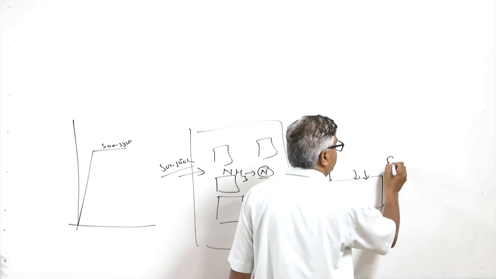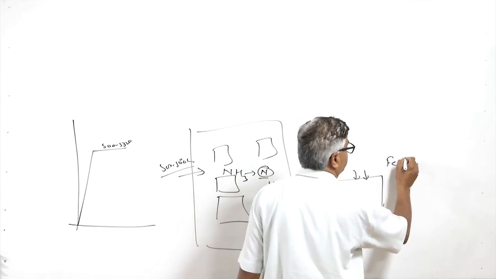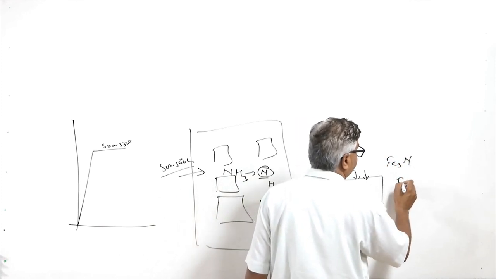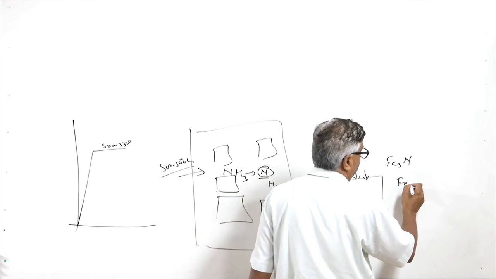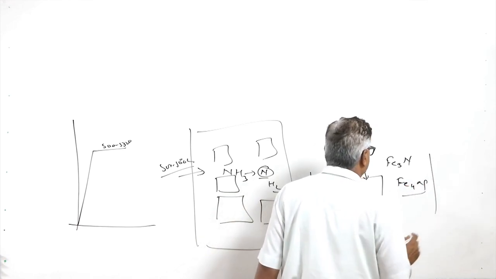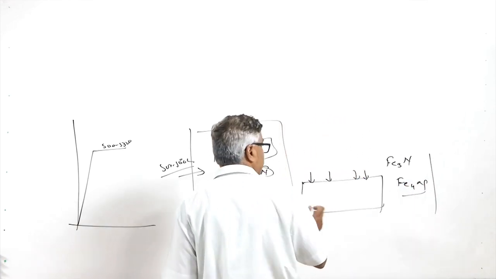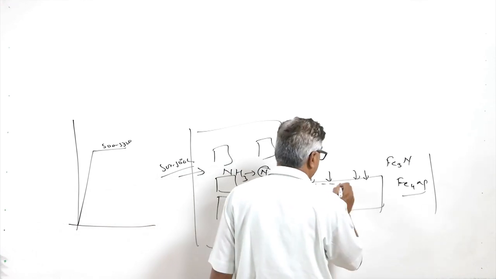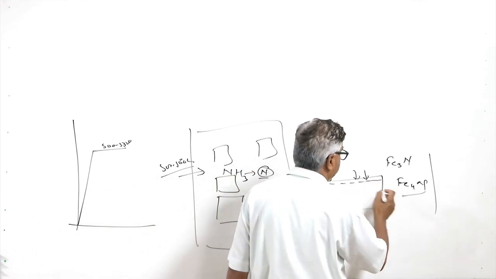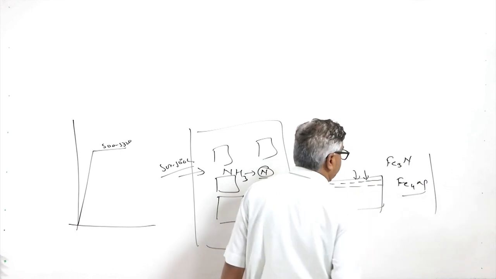So, basically it will be leading to the formation of Fe3N or Fe4N. These are the kind of compounds which are formed at the surface, having more nitrogen concentration as compared to the below surface regions.